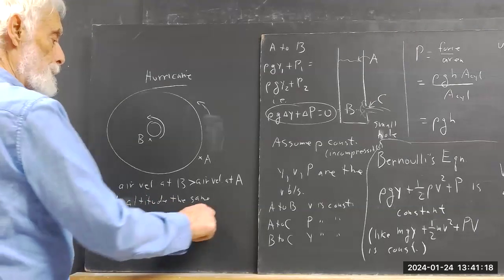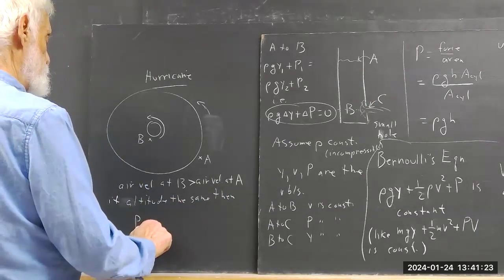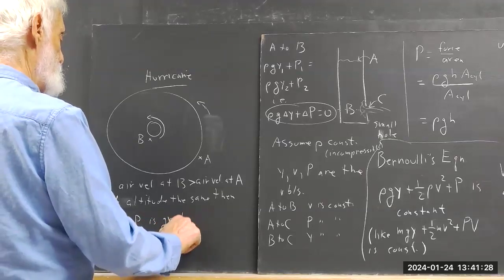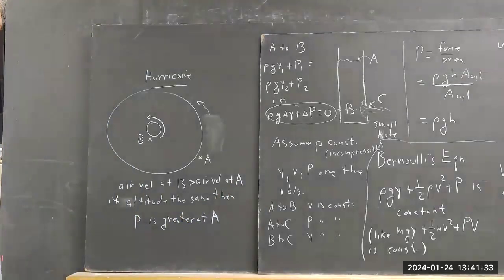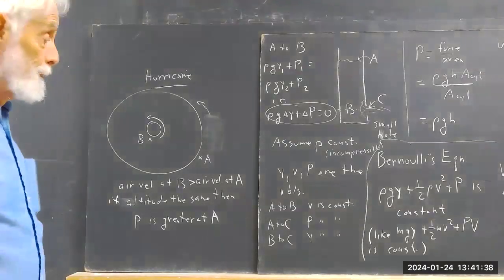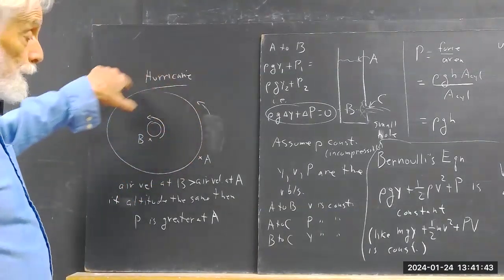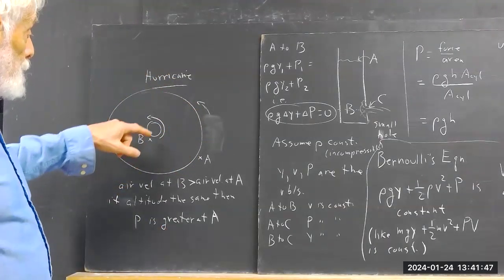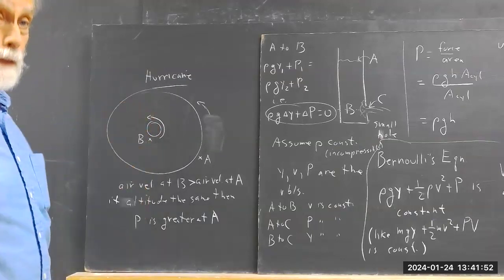If the altitude's the same, then the pressure is greater at A. So given enough information on a hurricane, like if you know how fast the air is moving out here in the outer rings, outer bands, and if you know the pressure in here, that tells you what the air velocity ought to be.